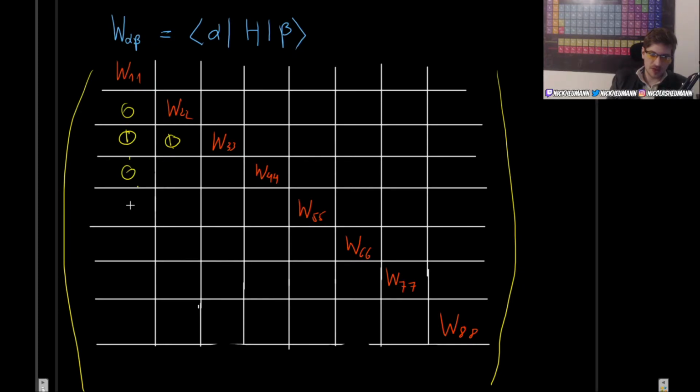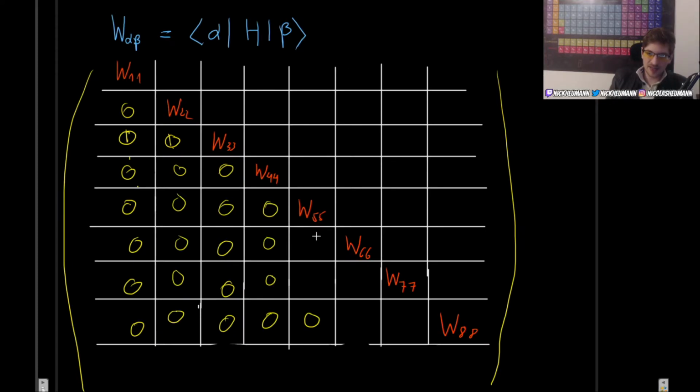So let's go for all others. So 0, 0, 0, 0, 0. Thank the good Lord that this is 0. Otherwise, it would be very annoying. Imagine having to do all of these. So 5, 6, and 6, 5. So let's go. This is W65, and W56.